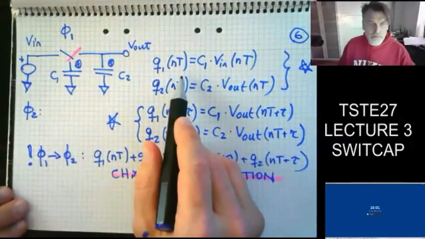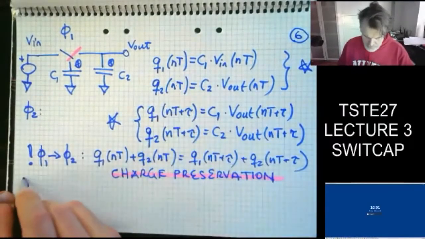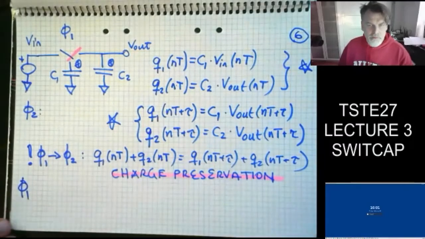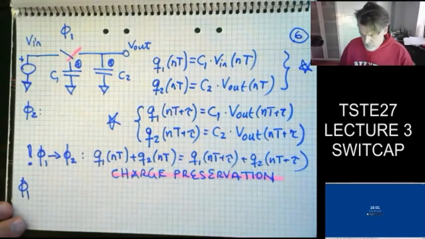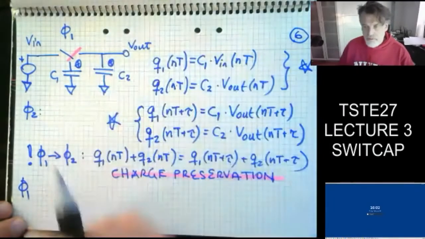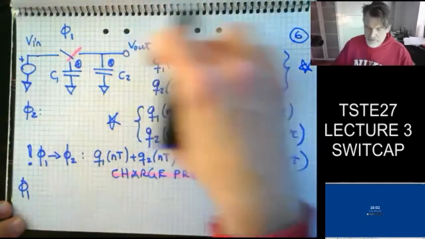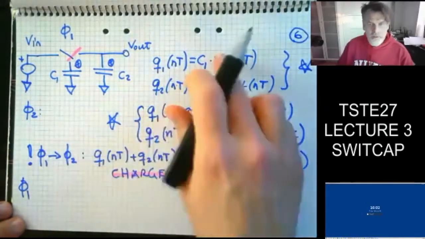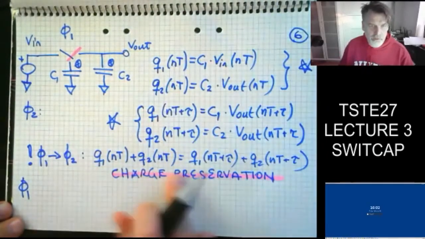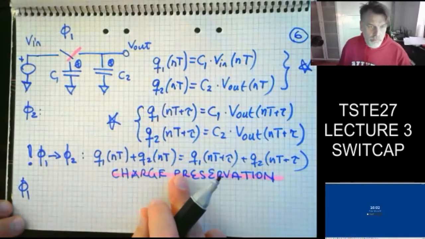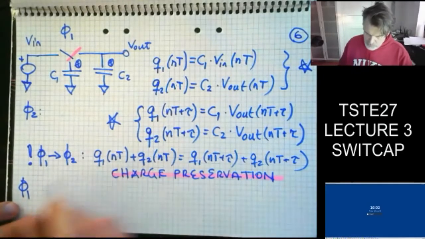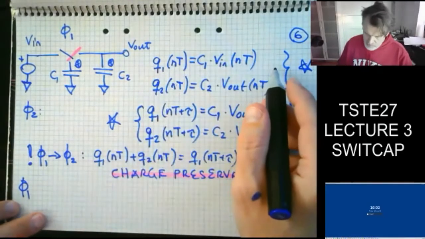Well, we could normally do the next step in the charge analysis, and that's switching back to the original phase. So these are the typical general steps that we do. Phase 1, phase 2, phase 1, and then we note down the observations, and then we do charge preservation between both phase systems. So phi 1, okay, that's going to be the same equations.